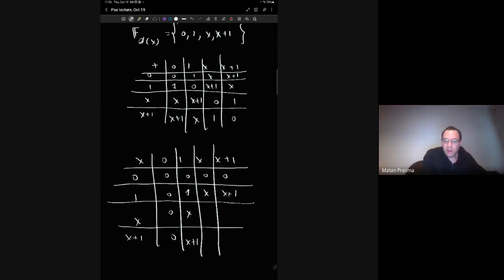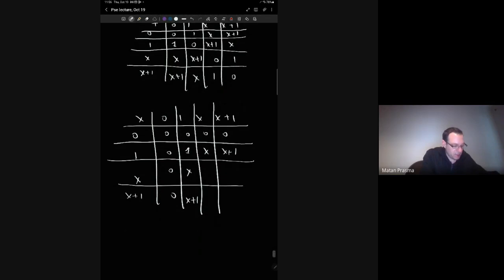And the only non-trivial thing is to notice that x squared is equal to x plus 1 modulo phi. So here it's x plus 1. And here I'm going to get 1. And here x plus 1 times x is 1. And x plus 1 squared is going to be x.